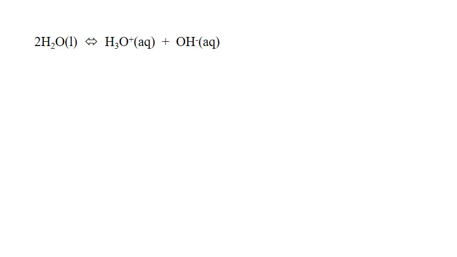And that's an equilibrium. It can go back the other way, and we can write an equilibrium constant for it. Here's the equilibrium constant. It's called Kw. Again it's really a Kc. It's molar concentrations that are expressed in this expression.